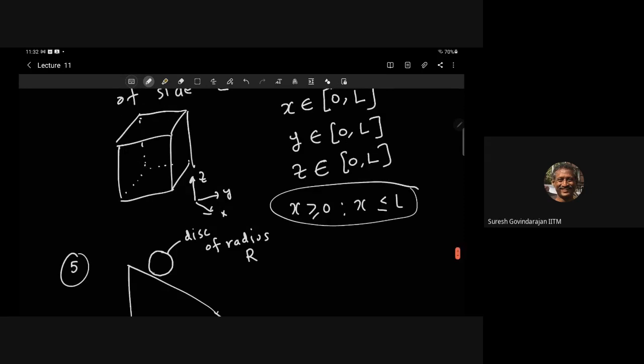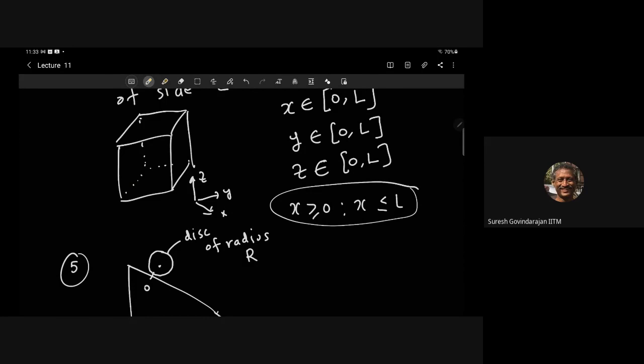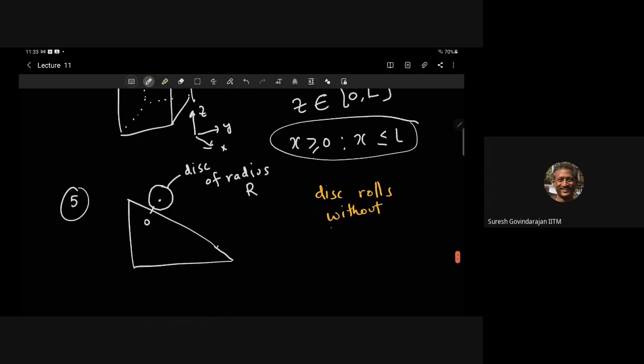Let's say that this is 0. The first step is to say what the problem is. We are told that the disk rolls without slipping. So the question to you is, how many degrees of freedom?